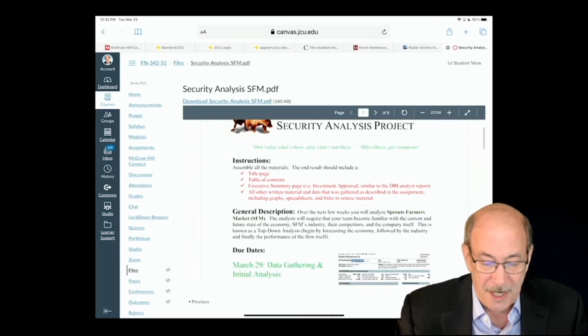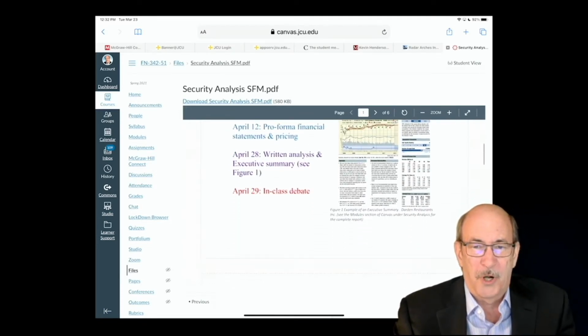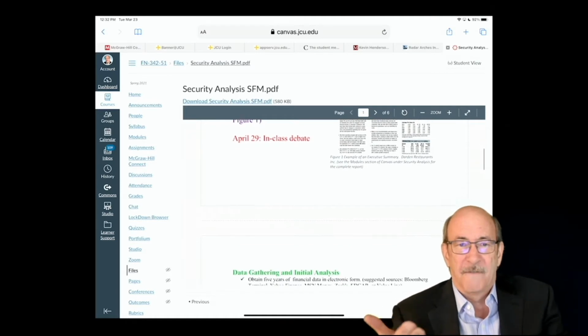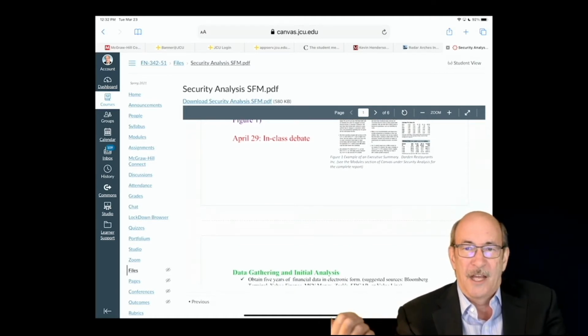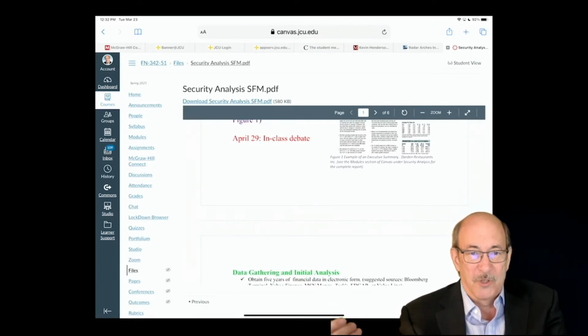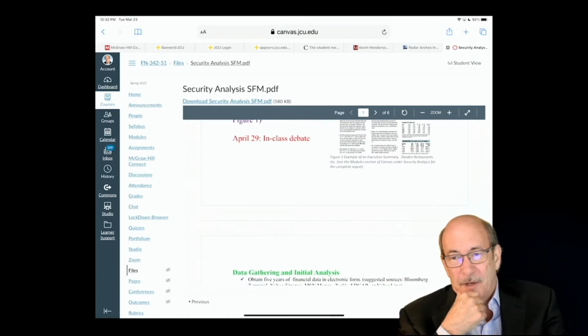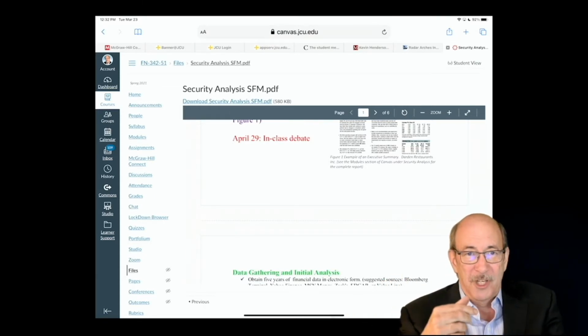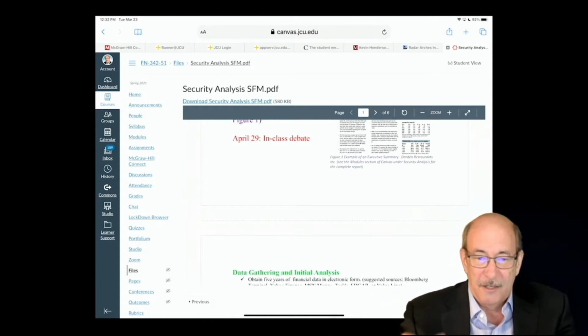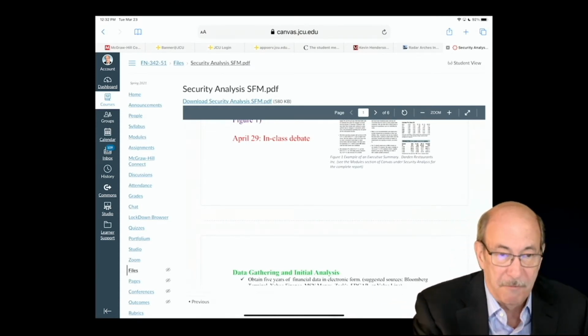So I think there's only one person who is not signed up for a team, and the class enrollment divided by 3 doesn't come out to an even number of teams. So we're going to have 2 teams that have 4 people on them. I've already got one of those teams set up, and I don't recall who it is exactly.